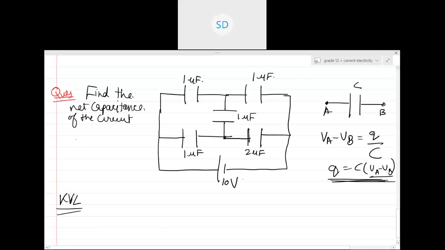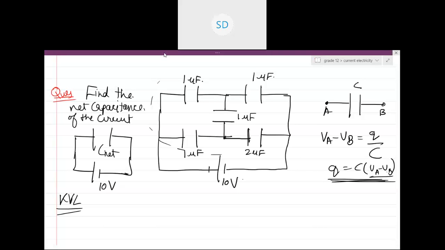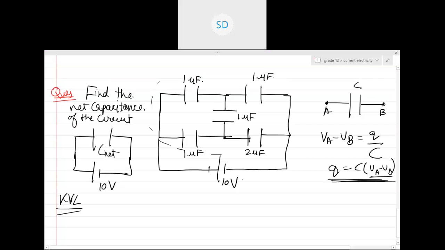Whenever you find net capacitance, you just replace all of it with a single capacitor, right? Whenever we do grouping, we do it like this. You just say this is your C net across the same 10 volt battery. So if I assume that a charge Q flows through, the same way current flows, the same charge will flow through this and should be on the plates of this capacitor.